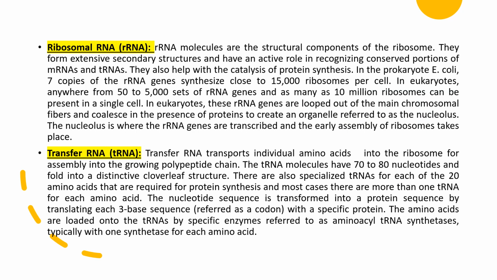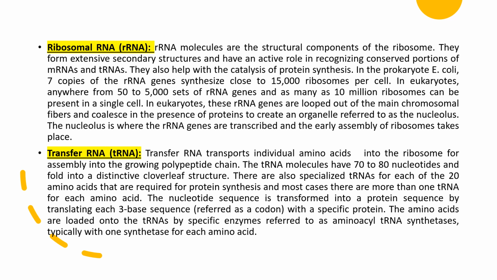Ribosomal RNA, or rRNA. rRNA molecules are the structural components of the ribosome. They form extensive secondary structures and have an active role in recognizing conserved portions of mRNAs and tRNAs. They also help with the catalysis of protein synthesis.